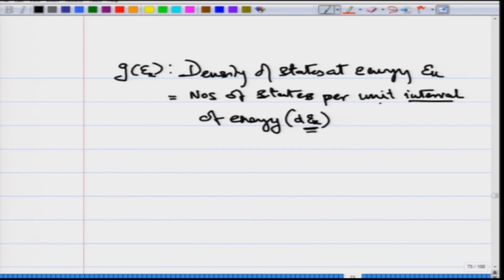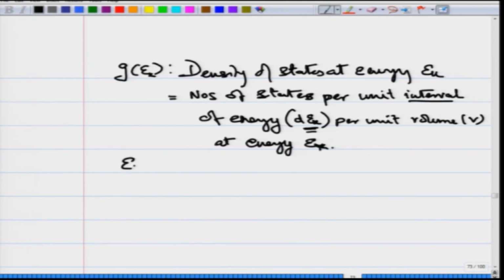So, this is the number of states per unit interval of energy per unit volume of the sample V at energy E, where k is the momentum. It is given a subscript Ek because the energy is related to the momentum.